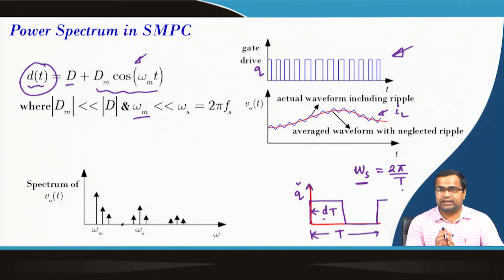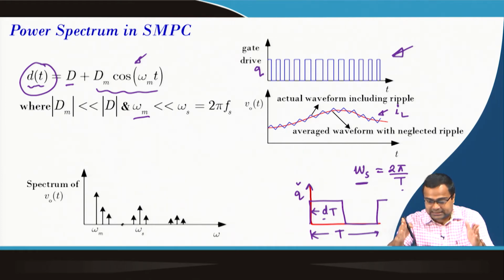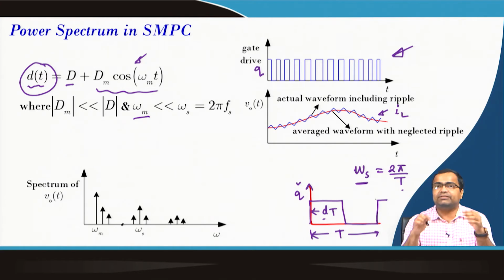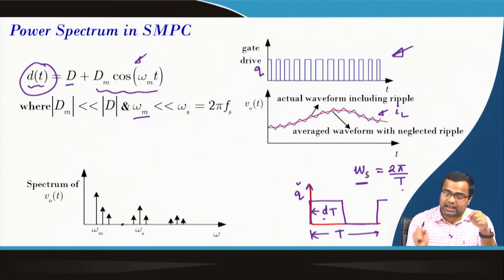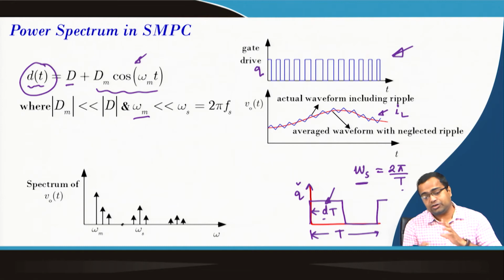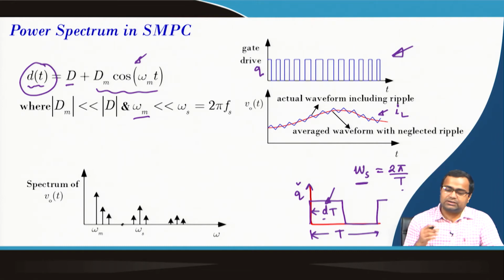It has two things. The gate signal is periodic, occurring every time period T, but it has a duty ratio term, and we are also varying that duty ratio. That means it is a frequency modulation, where we modulate the duty ratio with the modulating frequency omega m, and we also have a switching frequency.